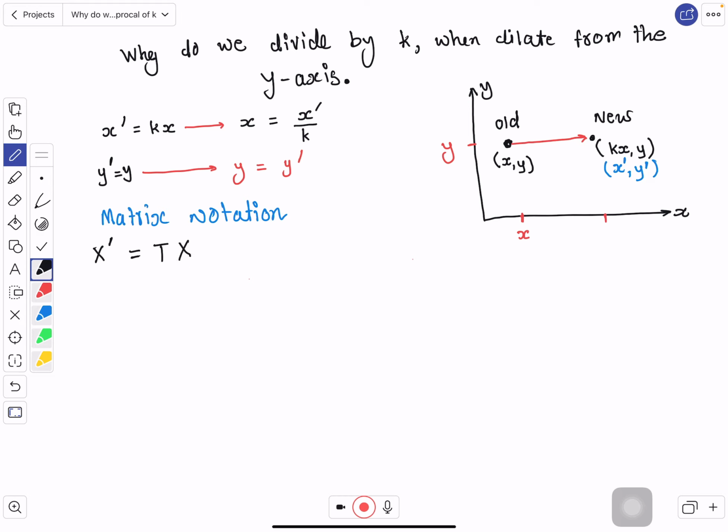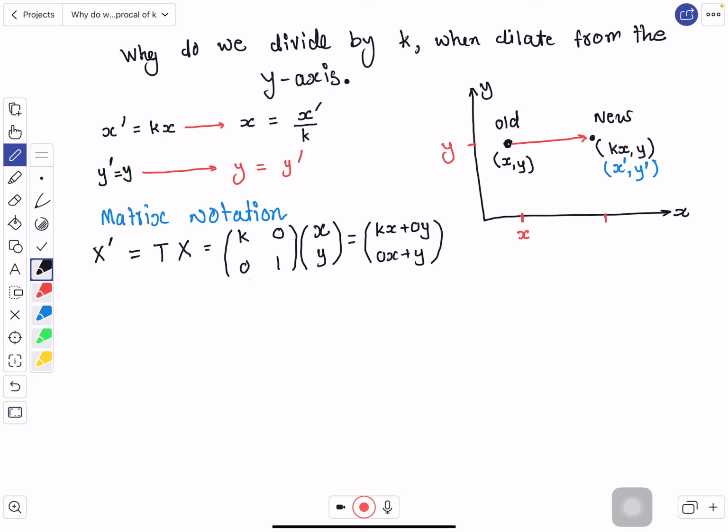We know that T equals the matrix k, 0, 0, 1, multiplied by x, y. If we expand this, we get k times x plus 0 times y, and on the bottom, 0 times x plus 1 times y, which is y.